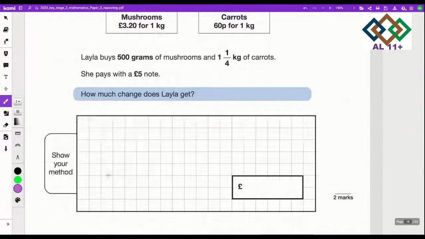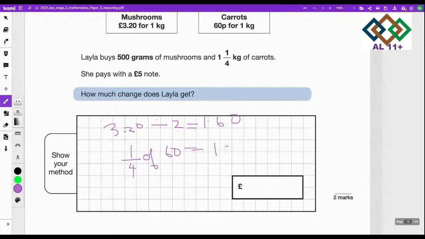So basically, in this one, you will do 320 divided by 2 first. That would give you 1.60. And then you have to do 1/4 of 60.